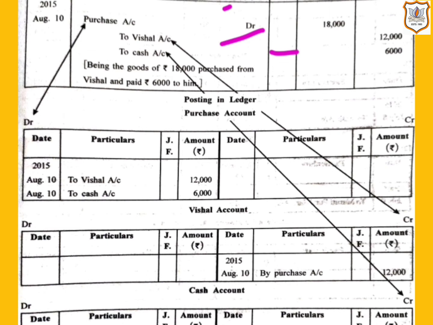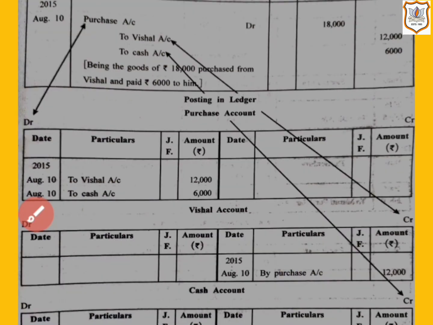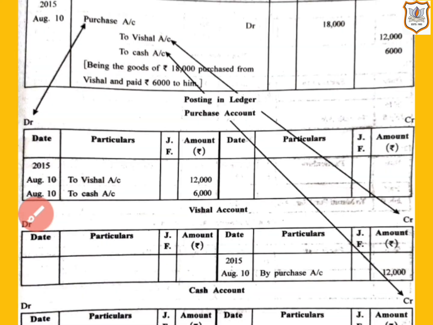Now, on the basis of this journal entry, we can see here that there are three accounts which are affected: purchase account, Vishal account, and cash account. So, according to this, we will draw purchase account, Vishal account, and cash account. Now, let us see how posting will be done for combined journal entry.